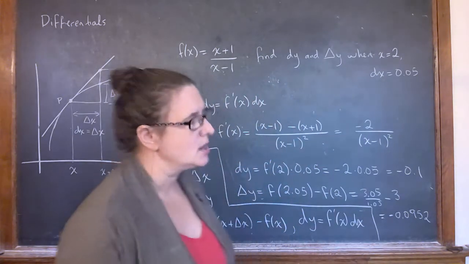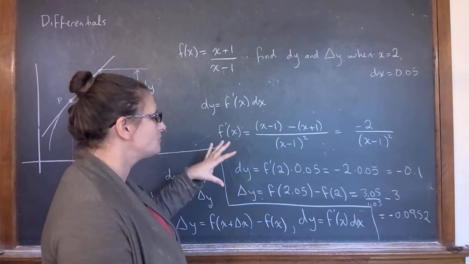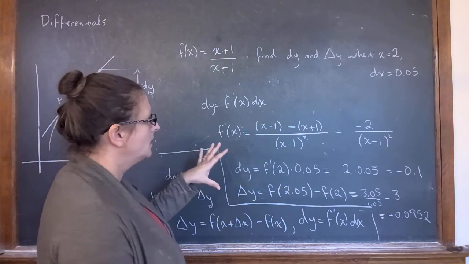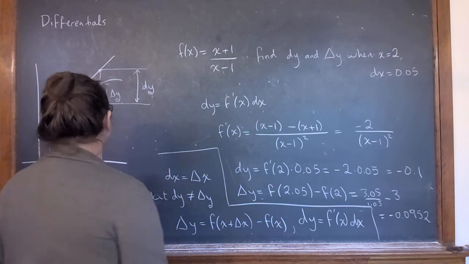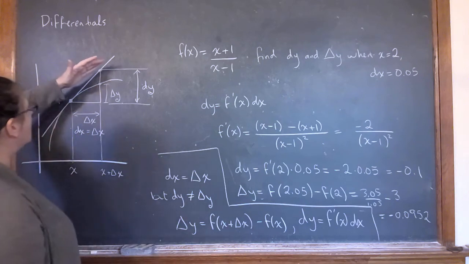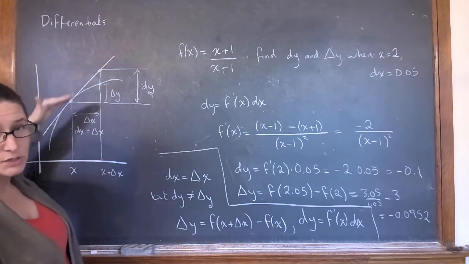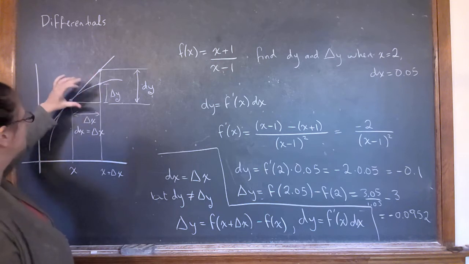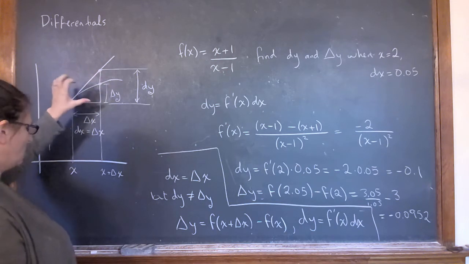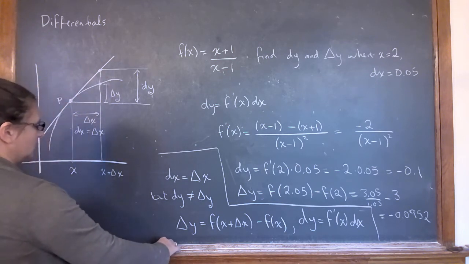The way these are related to the linear approximation is that we've got the linear approximation here, that's the tangent line, and we're looking at how dy and delta y are related to the tangent line.